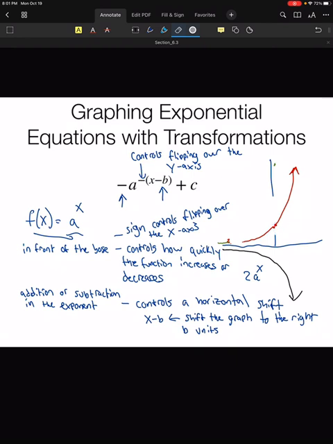Okay. So the red function, right? That's my basic function. Here, 0, 1. If I shift over b units, that's going to literally take this function and just move it over that way, b units.